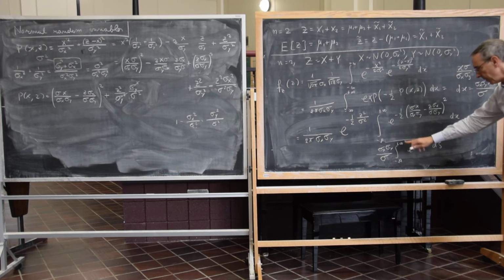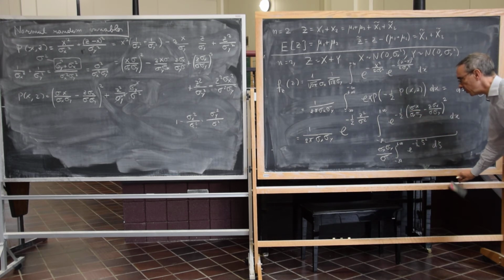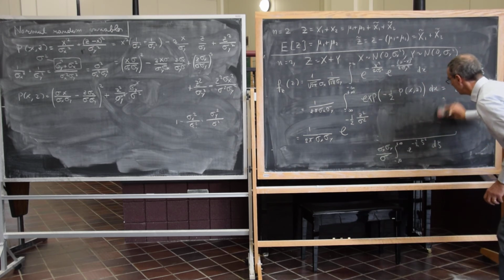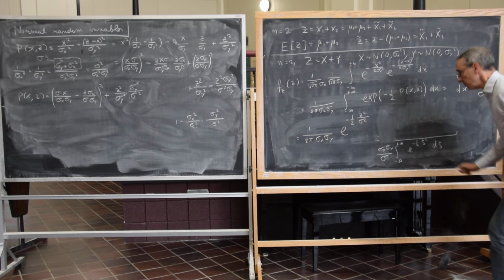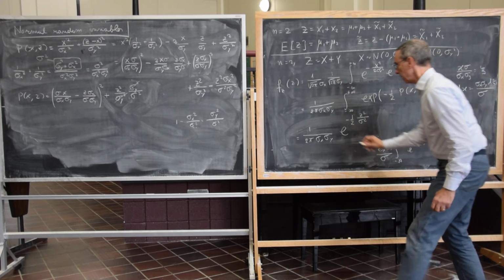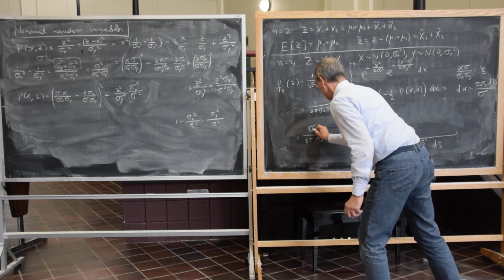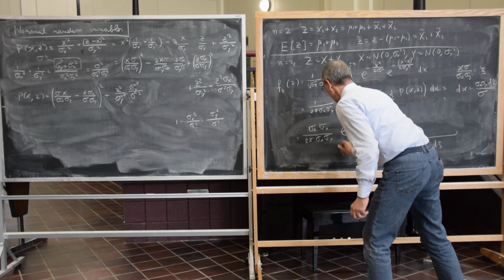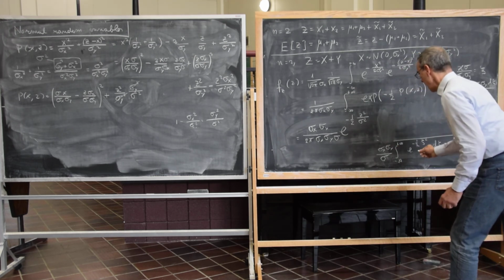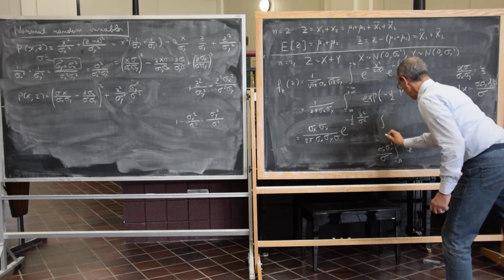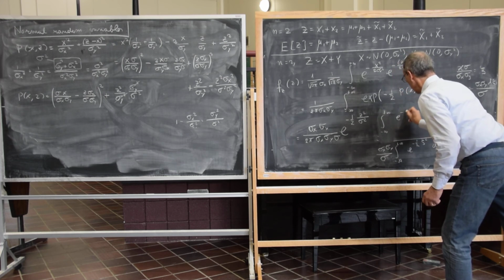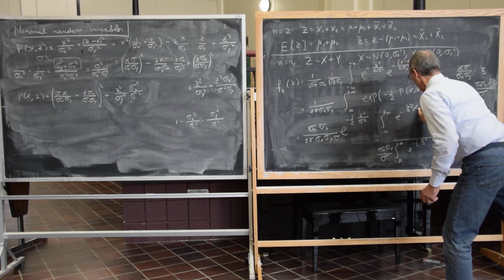So I can replace this integral, I put it in place of this one. So this is sigma x sigma y divided by sigma, and this integral is the integral from minus infinity to plus infinity of e to the minus psi squared over 2, d psi.